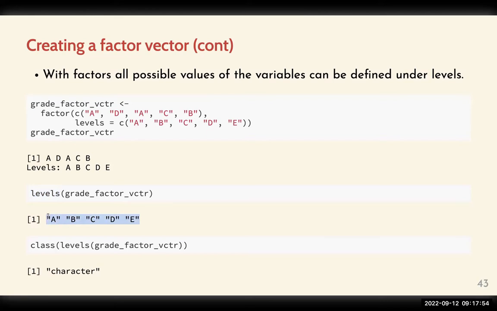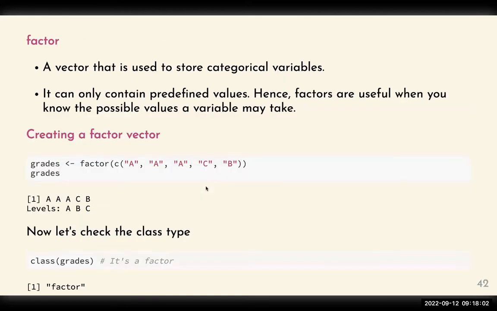That is why here the individual elements are enclosed within double quotations. By default, unique values of a variable are set to be levels. In this case, R assumes the variable grades can take only A, B, and C.